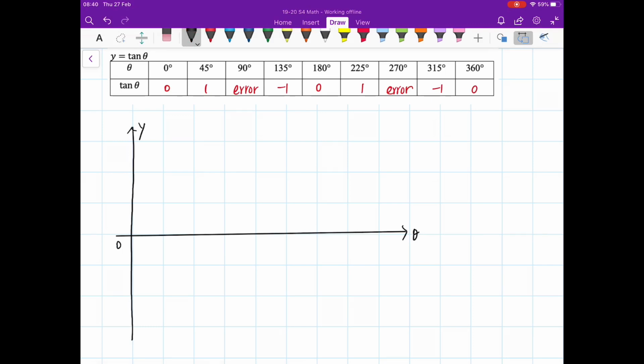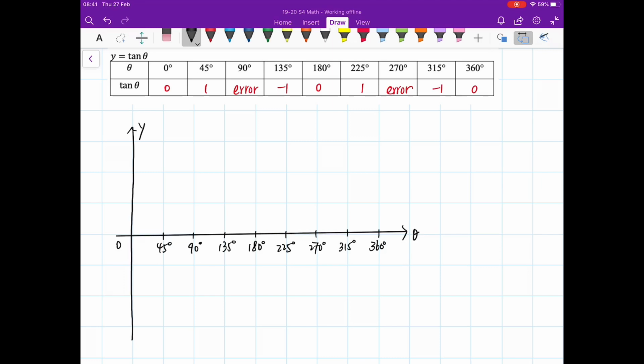So for 0 degree, first I put all the values for all the angles in the horizontal axis.